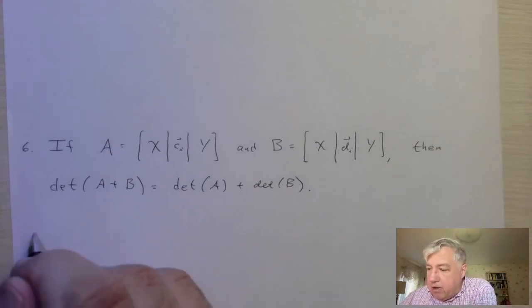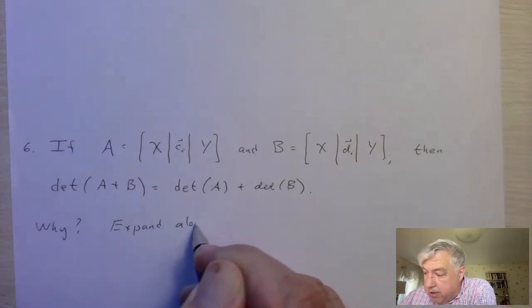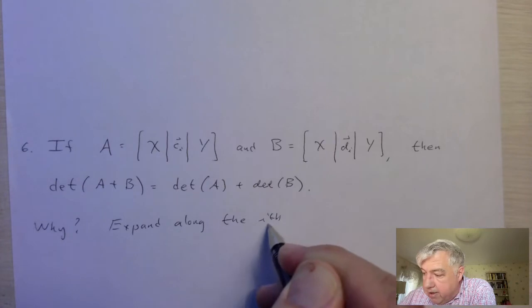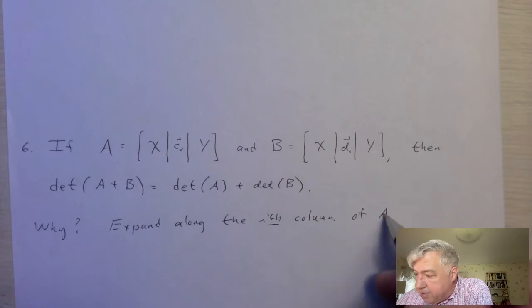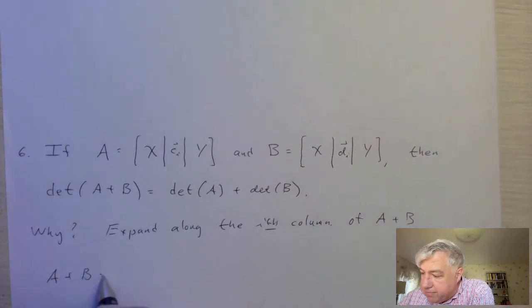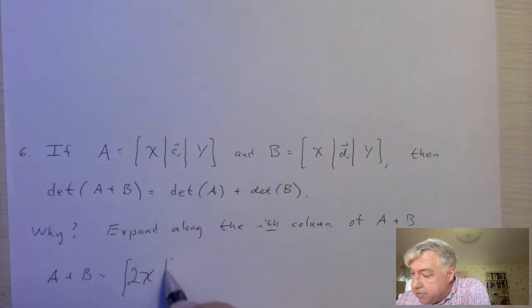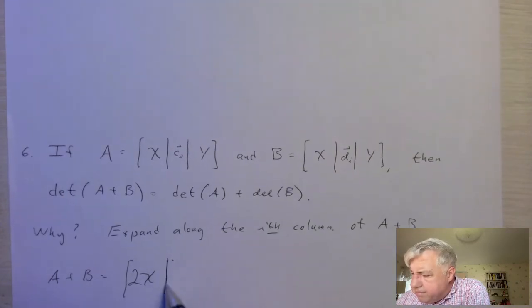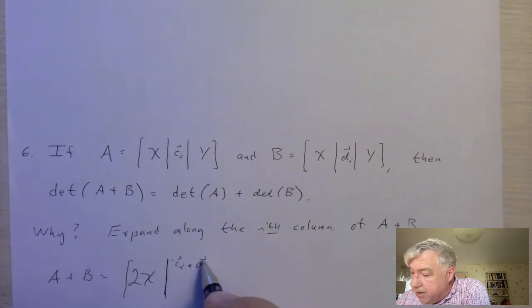The trick here, if you want to call it a trick, just expand along the ith column of A plus B. Because if you do that, then A plus B, so here's X, would be 2x, and then Ci plus Di, and then 2y.